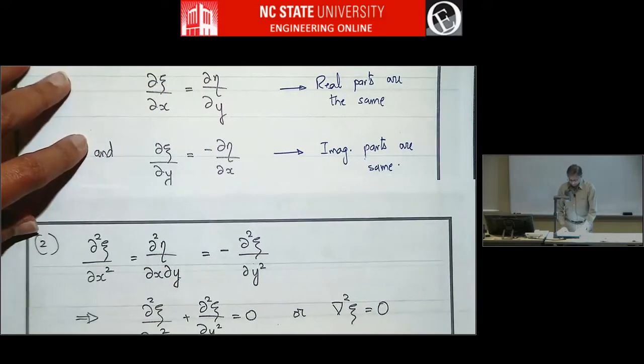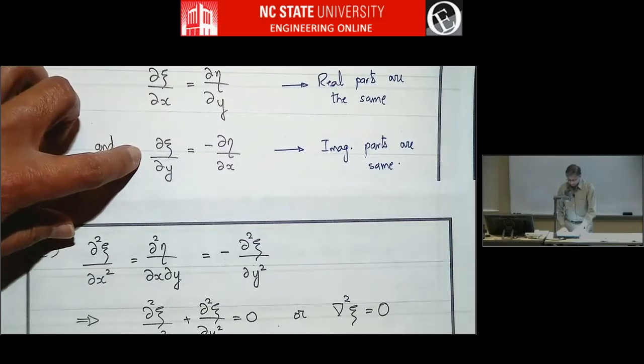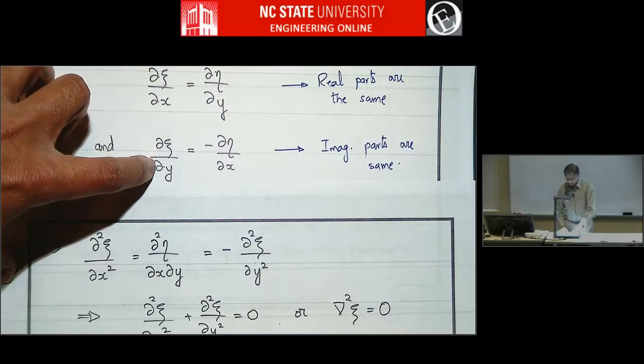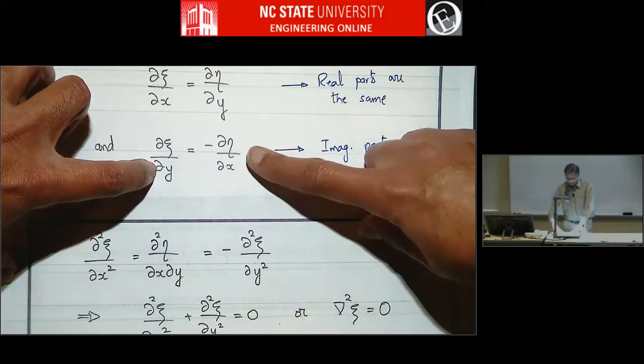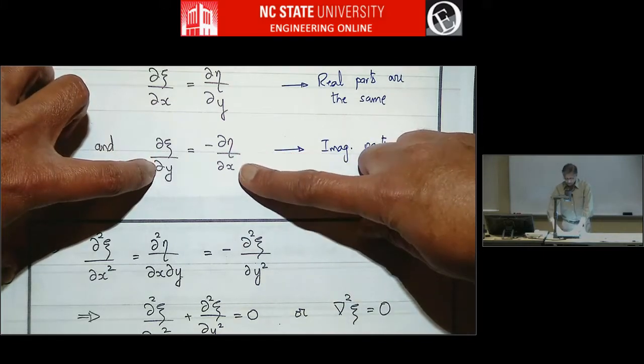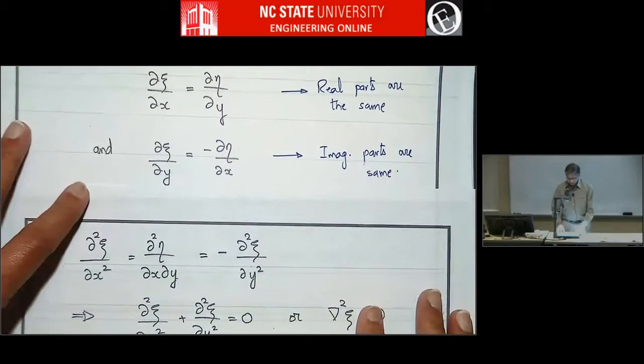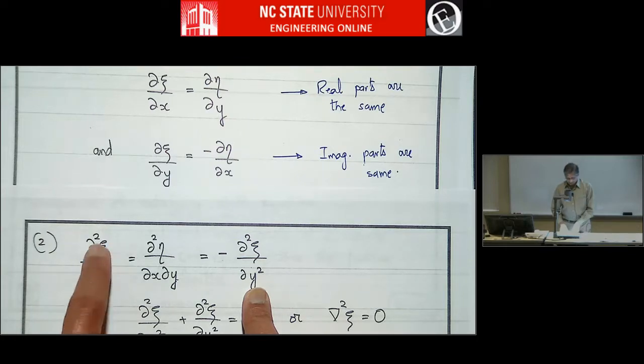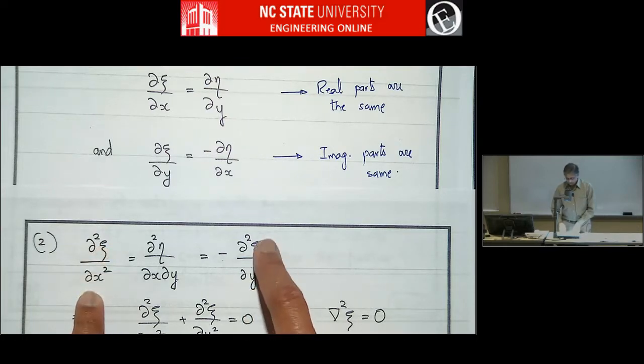And let's take the derivative of this with respect to y, and this will become d squared psi over dy squared, and this is minus d squared eta dx dy. So what you see is that d squared psi over dx squared is minus d squared psi over dy squared.